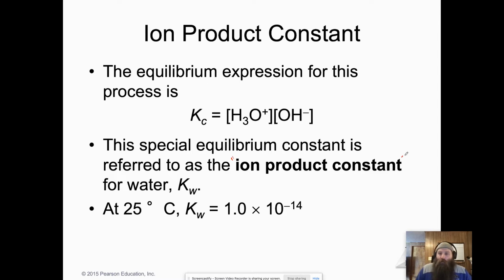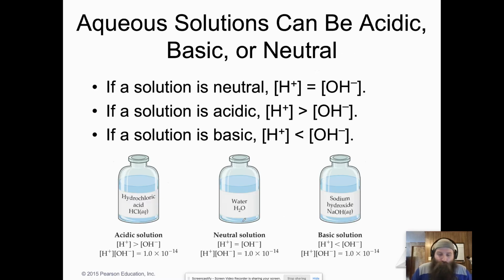There it is, ion product constant for water, and we abbreviate it Kw. Now, Kw is 1 times 10 to the negative 14th. And you've probably seen the number 14 when we discuss pH, right, and acids and bases. So this Kw is going to be coming back in a minute.